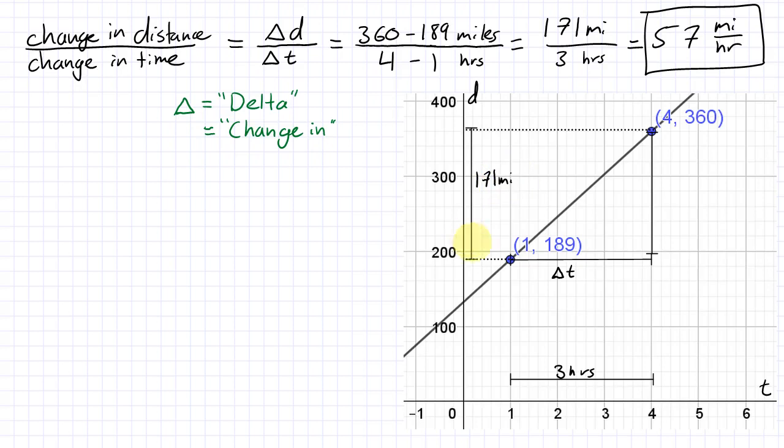And you could also represent it over here as the delta d. So when you take that vertical distance divided by the horizontal distance, you remember from Math 115 that represents the slope of this line. So in other words, the change in d divided by the change in t is the slope.